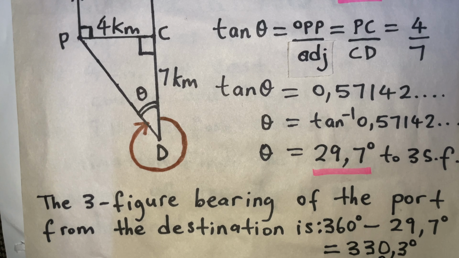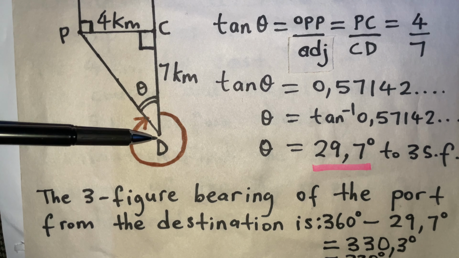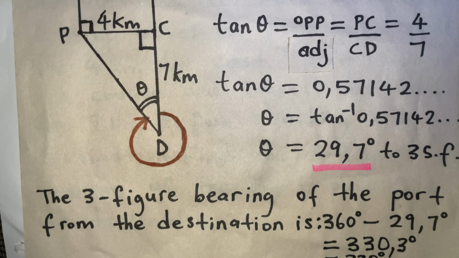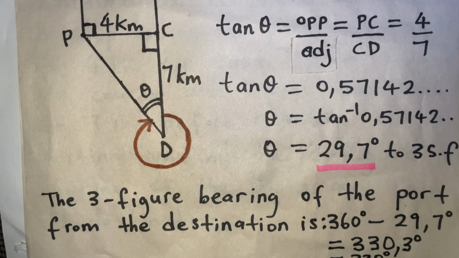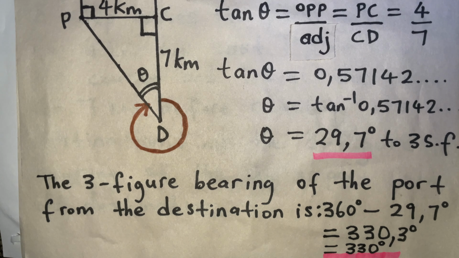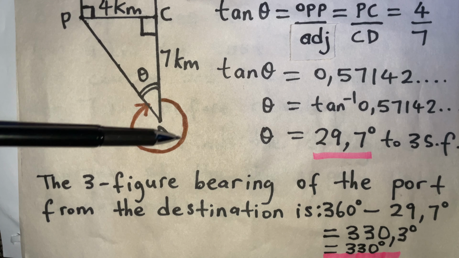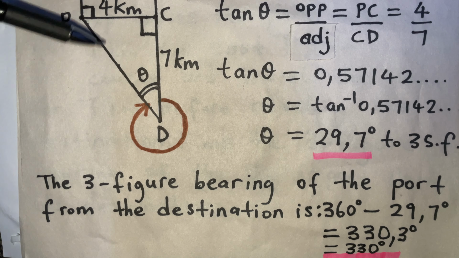Okay, remember, angles at a point add up to 360 degrees. So angles at point D add up to 360 degrees. So for me to get the three-figure bearing of P from D, which is this one, I must know this acute angle.